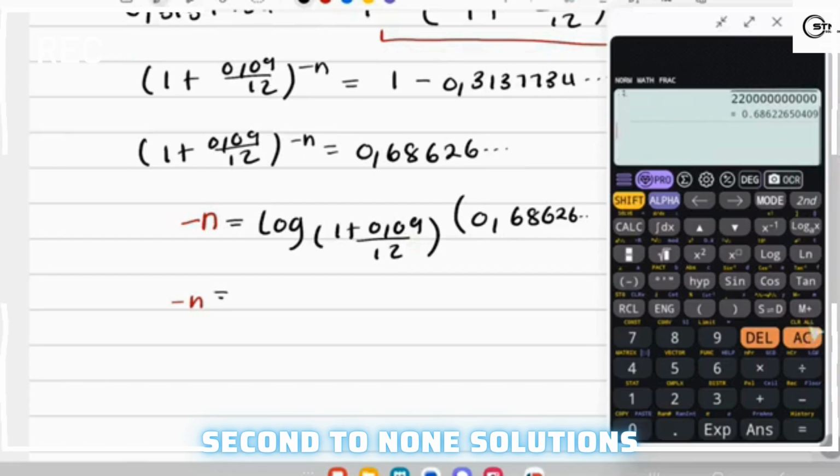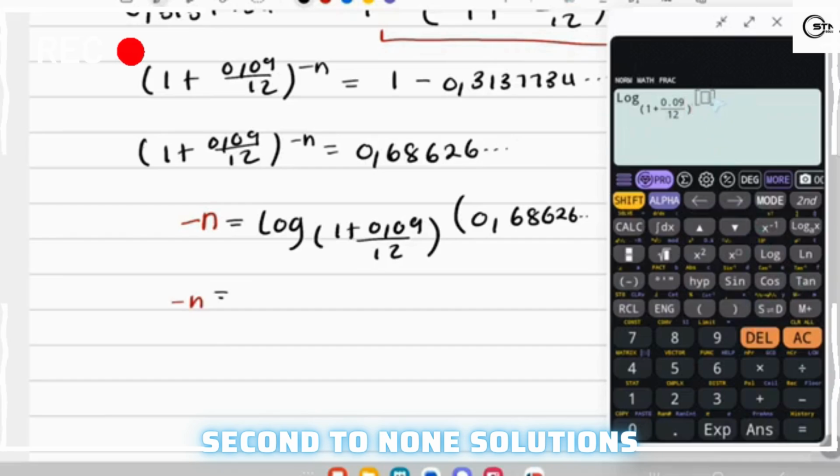Then just press AC, and then go ahead to the log function that you need here. Log, and put down your base, which is this number over here. So we're going to say 1 plus 0.09 over 12, right? You can put brackets around it if you feel it should be more protected. So I'm going to put brackets around that.